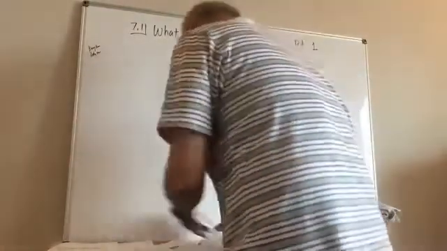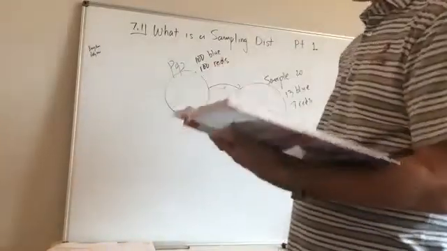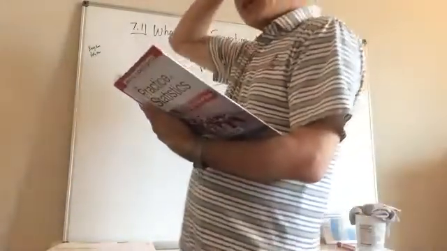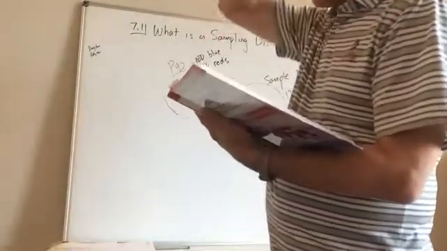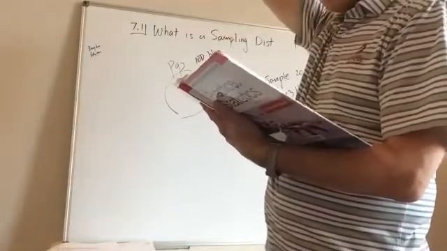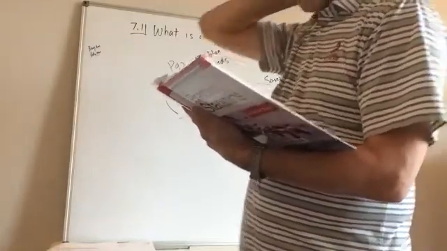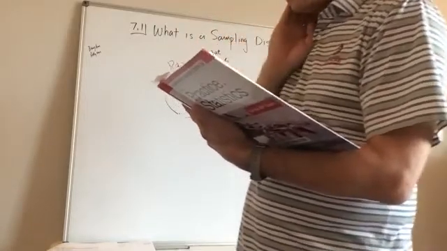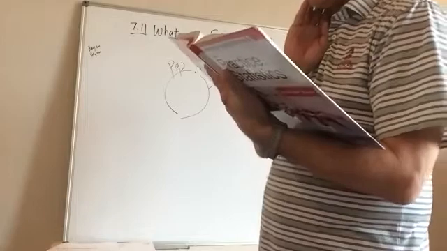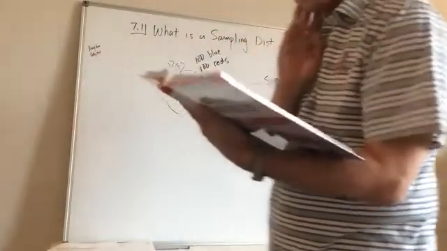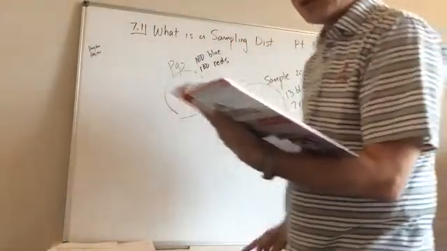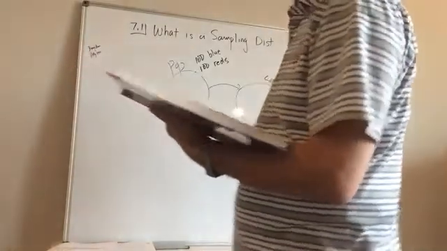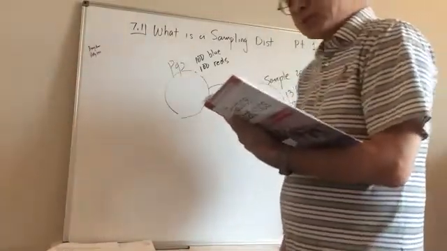All right, moving on, let's go to the top of page 446. It gives you a quick diagram of the difference between a population distribution, the distribution of a sample data, and then the approximate sampling distribution. The first one is the 50-50% of the red chips versus blue chips.